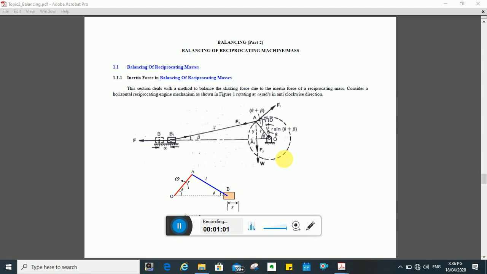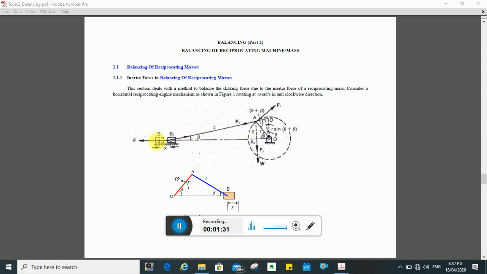In part 2, or in this section, we deal with a method to balance the shaking force due to the inertial force of a reciprocating mesh. Consider a horizontal reciprocating engine mechanism as shown in figure 1, rotating at angular velocity omega in radian per second in an anti-clockwise or counterclockwise direction.